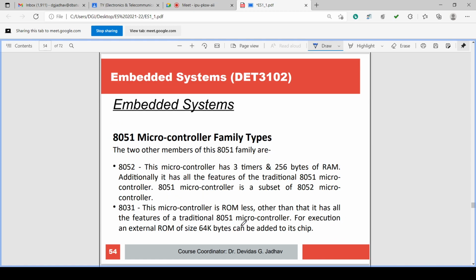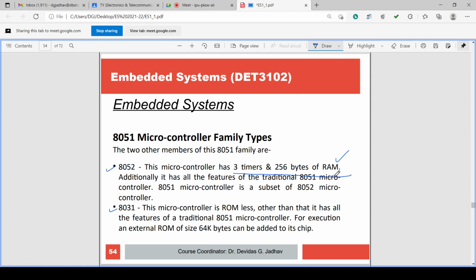It was invented by Intel. So this family has the 8051 and 8031. 8051 is the higher version and 8031 is the lower version. 8052 has all the same facilities and functional blocks, and additionally 3 timers and 256 bytes of RAM as compared to 8051.